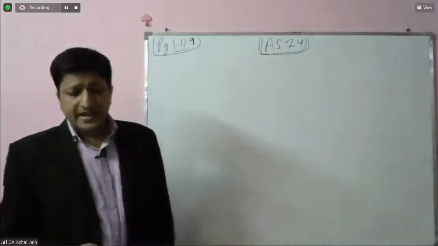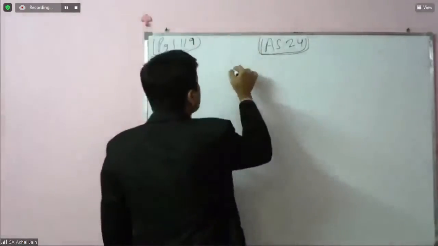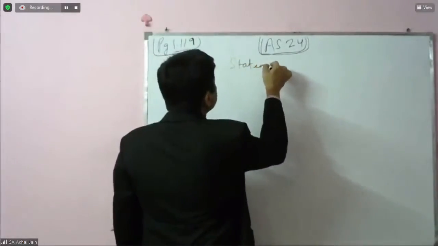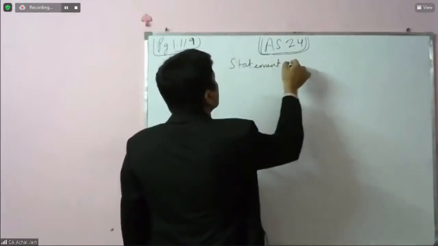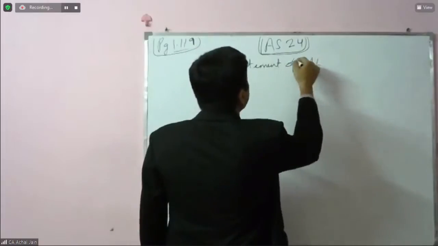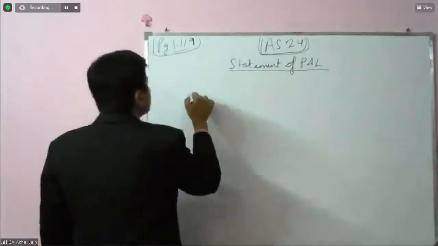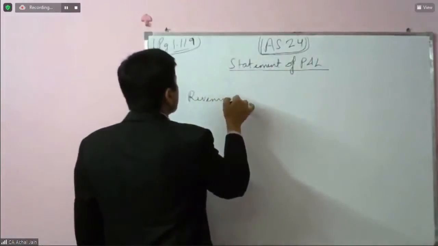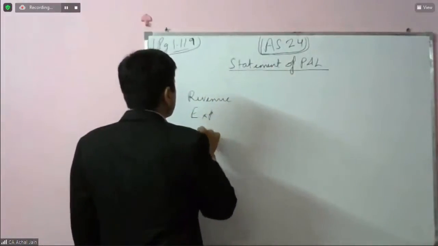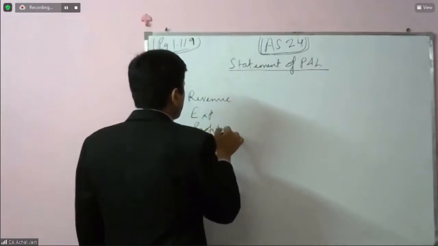P&L, we all understand how this P&L is drawn. So I'm talking about the statement of P&L. So we have revenues, then expenses, then we get profit.